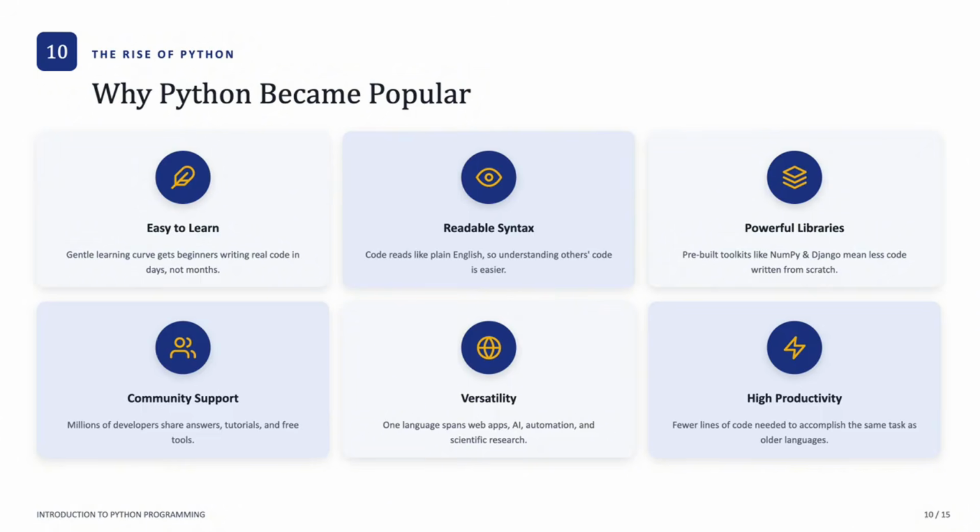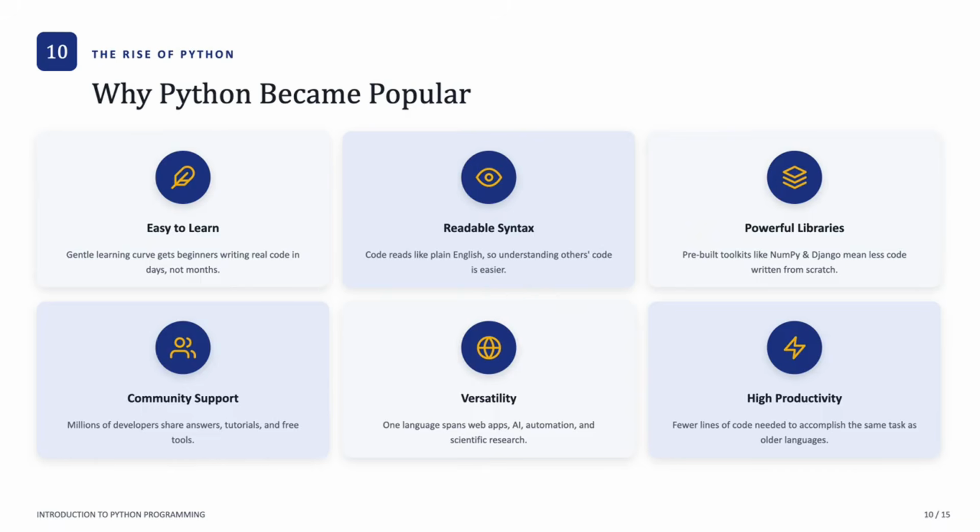Even organizations like NASA have used Python in various research and engineering tasks. 6. Cybersecurity. Cybersecurity professionals use Python to create security tools, analyze networks, detect vulnerabilities, and automate security testing. Python makes many security-related tasks much faster.